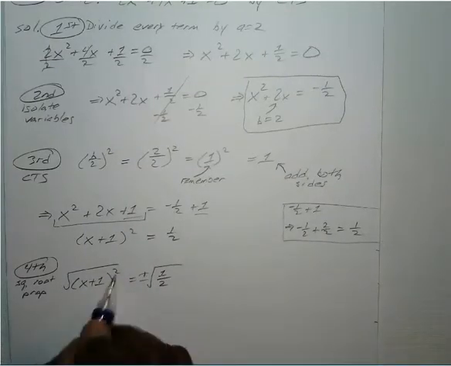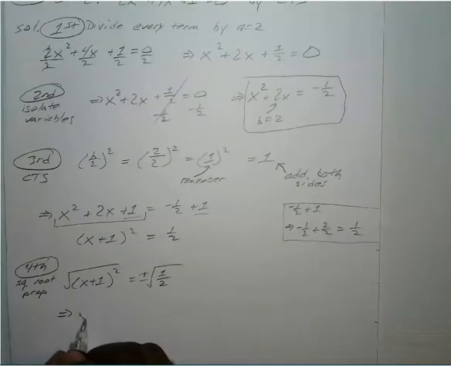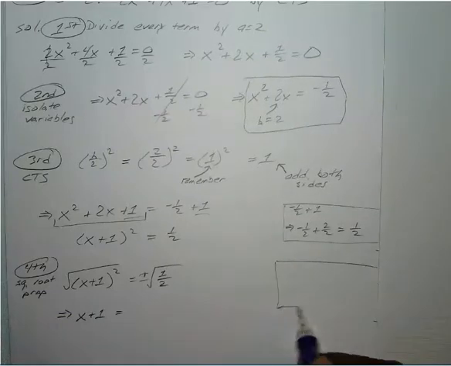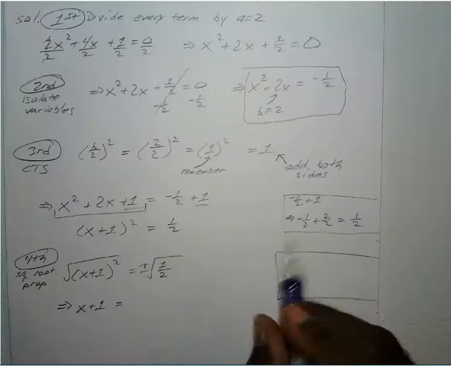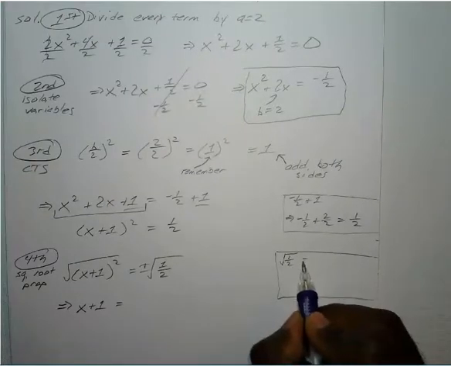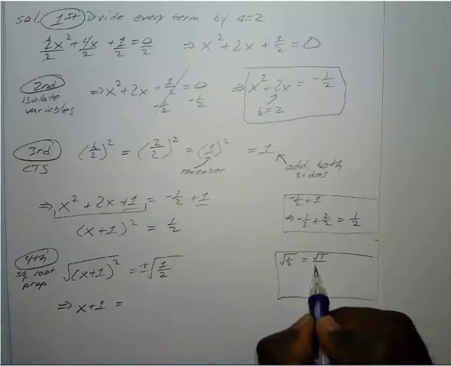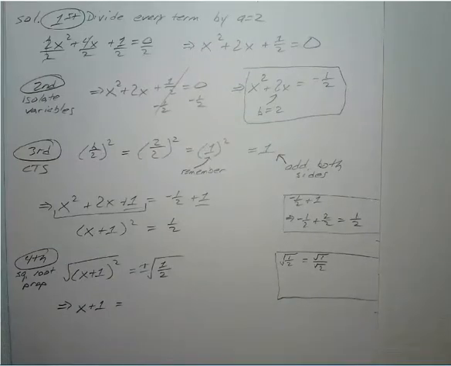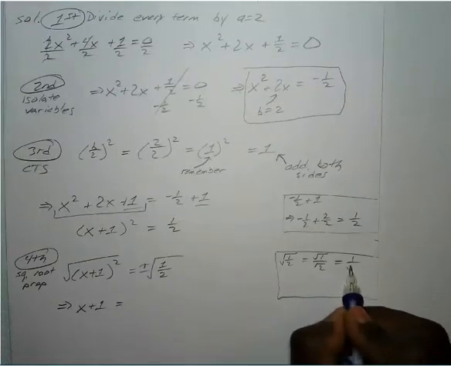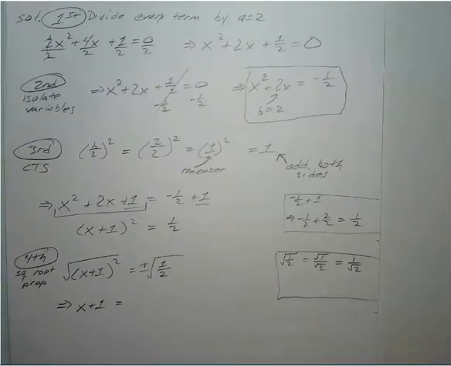The square and the square root here cancel out. So you have x plus 1 equals, and this will be a little bit tricky, and I'll show you why. Because the square root of 1/2 is square root of 1 over square root of 2. Square root of 1 is equal to 1, so you have 1 over square root of 2.